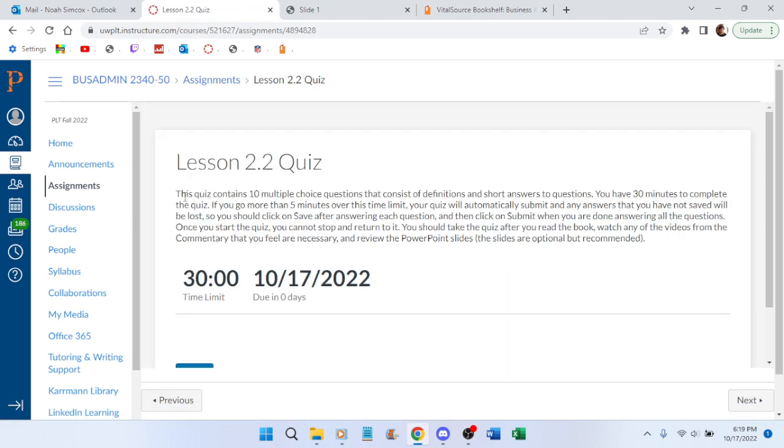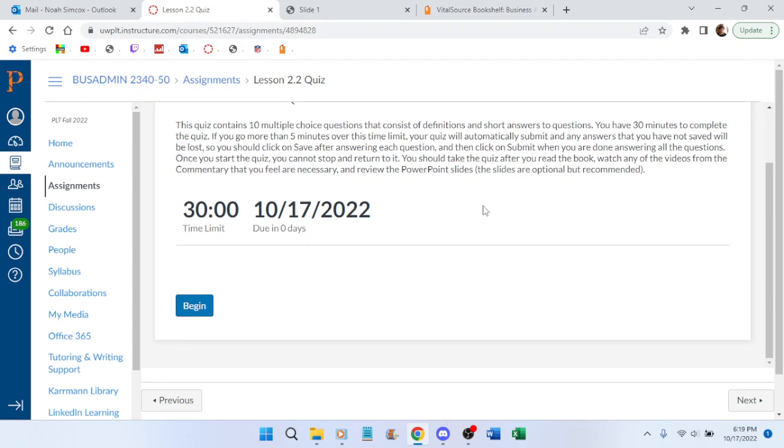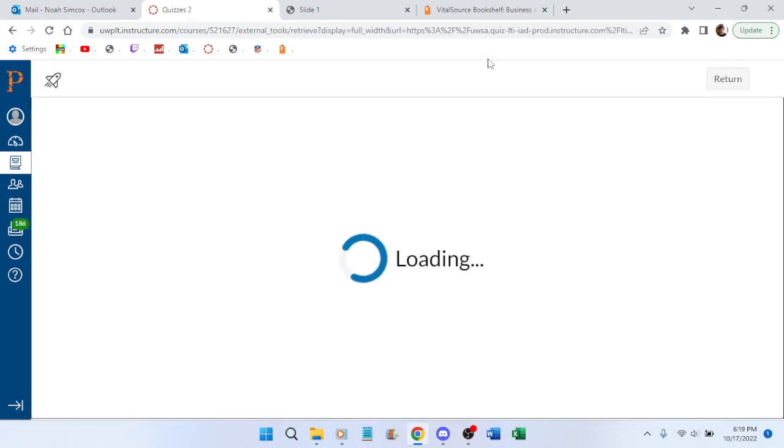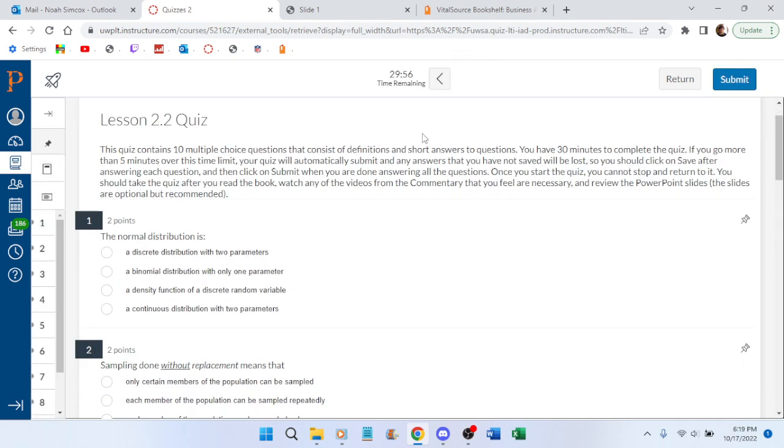It doesn't say it here. Okay, please don't fail. I have not failed up to this point. I don't think I really studied that much for the last quiz I took. And I still didn't fail.